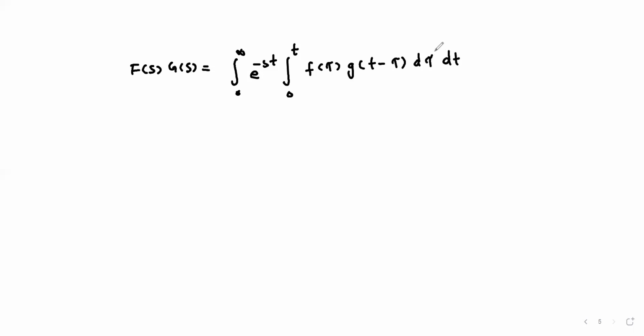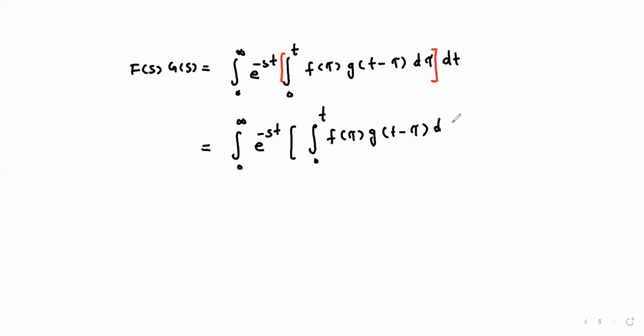So you can say that if I put brackets like this, this is the convolution of two functions. Now I can write 0 to infinity e raised to power minus s of t, and then bracket 0 to t, f of tau, g of t minus tau, d tau, and then at end dt.